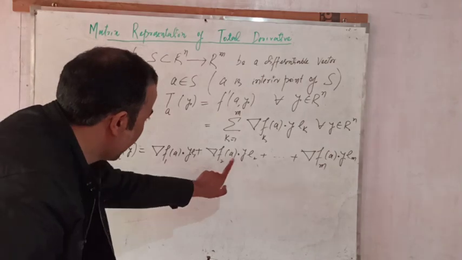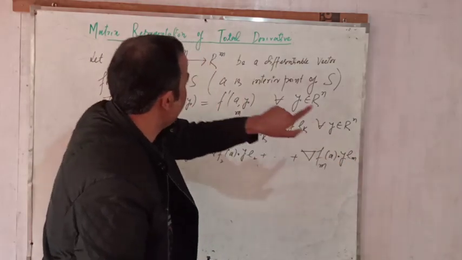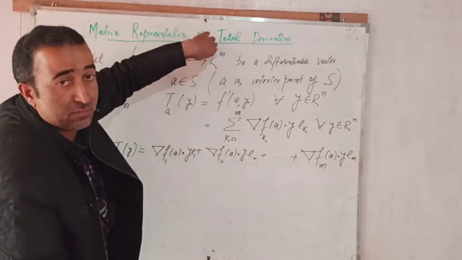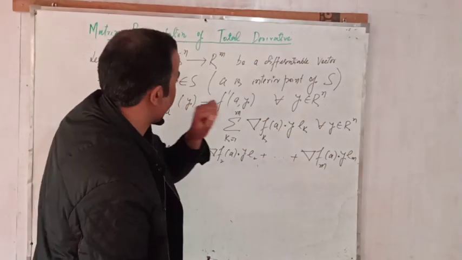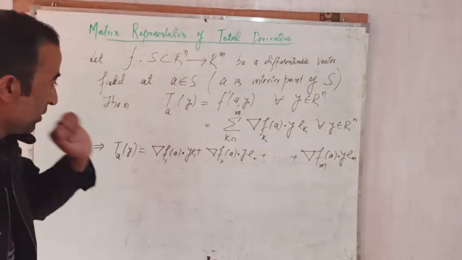Where you know this e_1, e_2, and so on, e_m is the basis of R^m as an m-dimensional vector space over R. So this is the basis there.